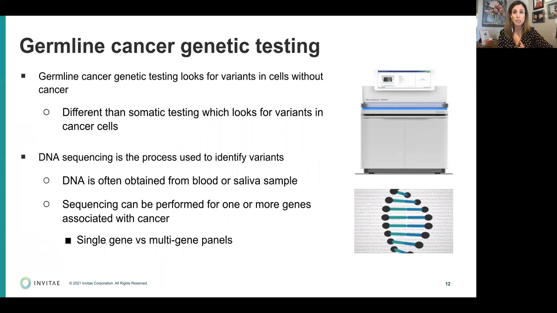And it's a process that's used to identify variants, typically from a blood or a saliva sample. And the testing that can be performed is sequencing of one or more genes known to be associated with hereditary cancer syndromes. And in the setting of next generation sequencing, we tend to refer to these tests as panels.